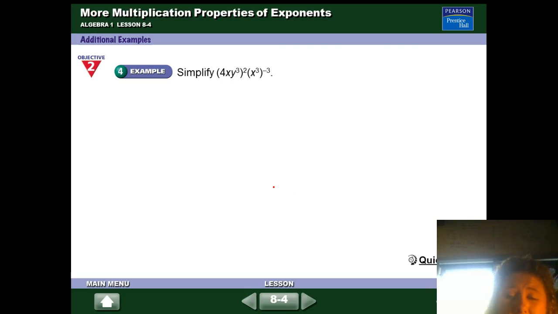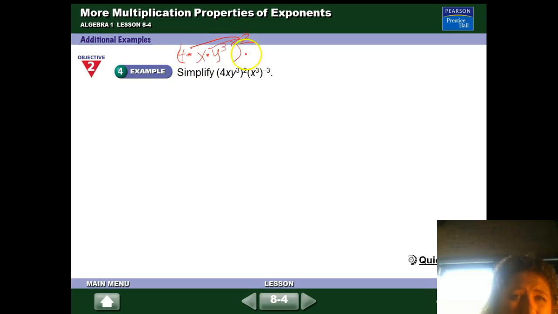Here's another one that's a little more challenging. So we have a product inside of all these. So 4, let's go up here, 4 times x times y cubed, all of these squared. So I'm going to take this squared to both. Now, it's so important for you guys to understand that this is multiplication.